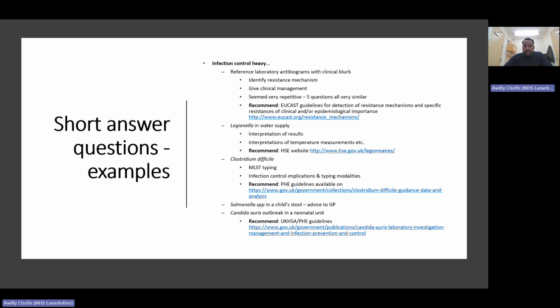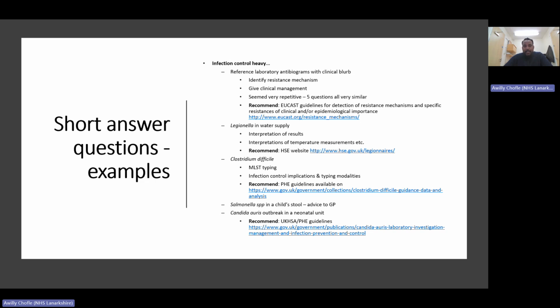Short answer questions include infection control, things that are going to the reference laboratory, water safety, Legionella in water supply, the typing of specific organisms like Clostridium, Salmonella, infection in children where you need to advise the GP, Candida auris.